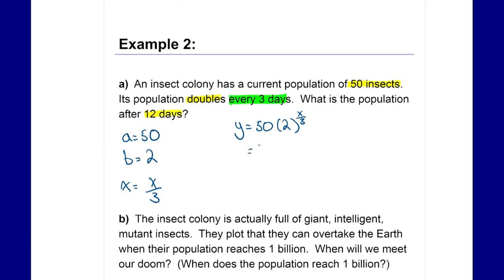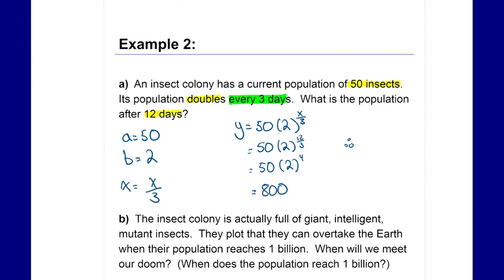So in this case, it is 50 times 2 to the power of 12 over 3, because we're looking for the population after 12 days. We get 50 times 2 to the power of 4, or 12 divided by 3. When we do this calculation, we should get 800.